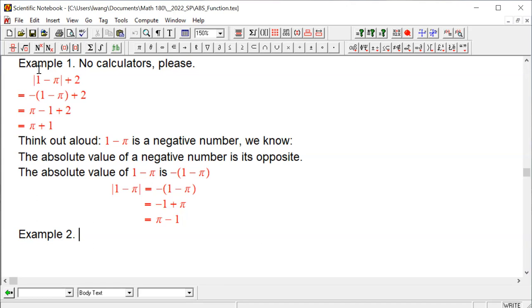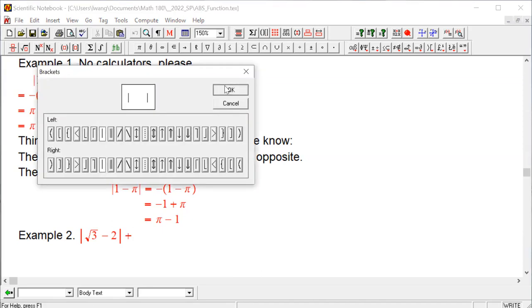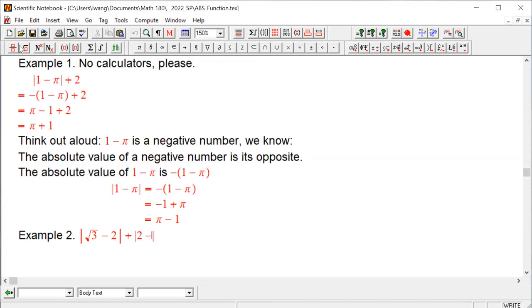We get the absolute value of square root of 3 minus 2, right? And we also get to add 2 minus square root of 3.